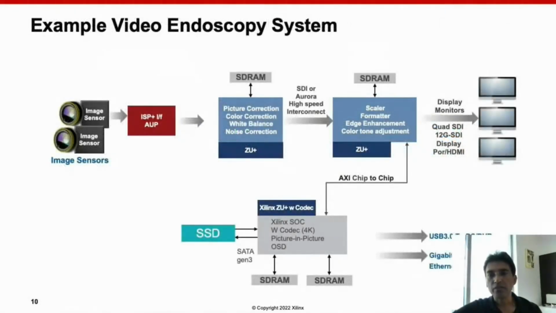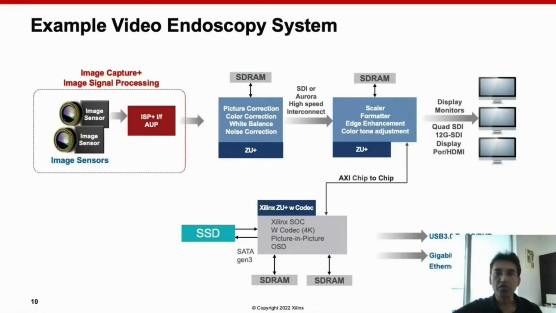So here's an example video endoscopy system. An endoscopy system typically has a processing system consisting of a light source and a camera head, a camera control unit or CCU, and an image management unit. The image sensor, like a Sony or an OmniVision on the camera head, performs the image capture, and the image signal processing can be done using, for example, our Zynq UltraScale+ FPGA.